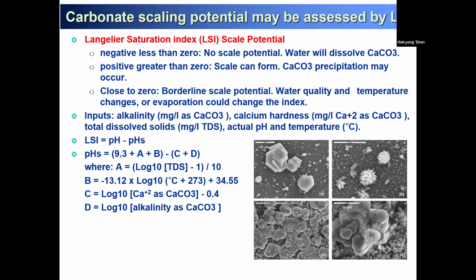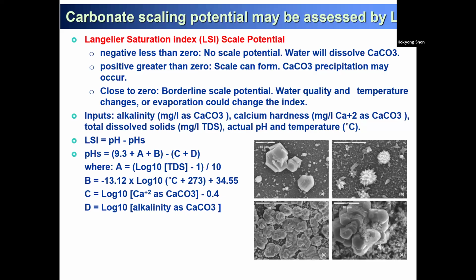So LSI equals pH, let's say we have 6 as an adjusted pH, minus pHs. pHs, we have an equation: 9.3 plus A plus B minus C plus D. The A is the log 10 of TDS concentration. So we have 35,000 milligram per liter of seawater TDS. And minus 1 to 10. D is the temperature.